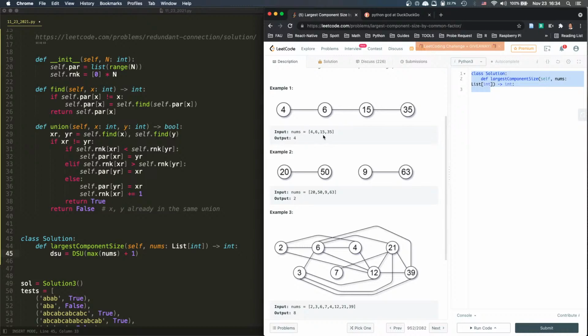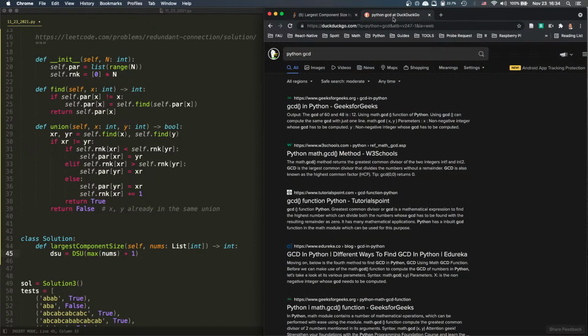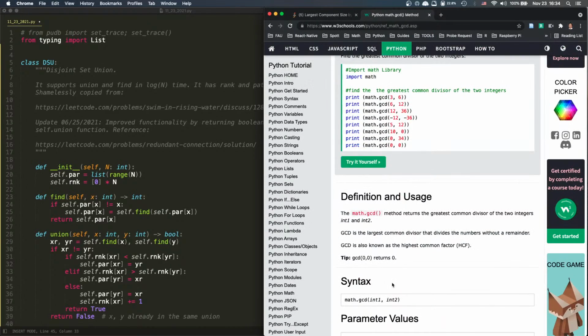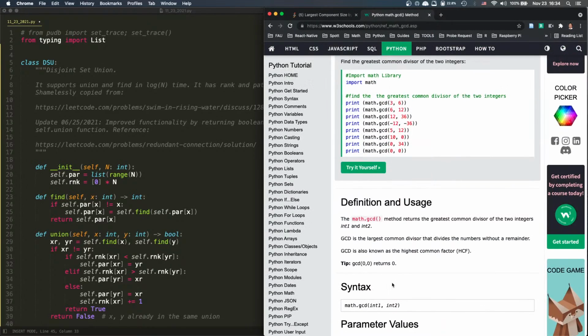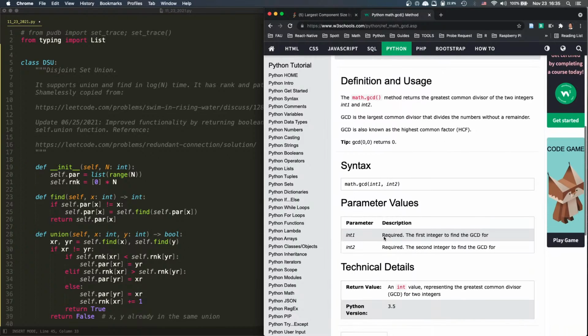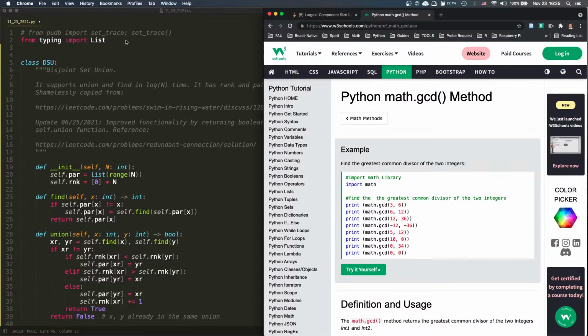I don't know. I'm not sure. I think I'll just go GCD. We have math.gcd. That shall be sufficient. Return the greatest common divisor of the two integers. Just make sure they're not 1.